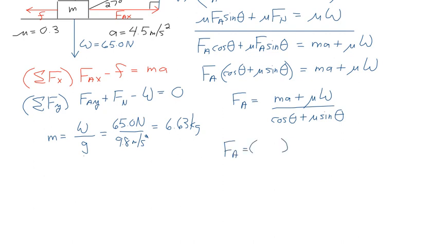So I'm going to have MA plus mu W divided by cosine of the angle, I'll put it in right now, 27 degrees, plus mu sine of 27 degrees. And then I'll just put all the values in. The M is 6.63 kilograms.